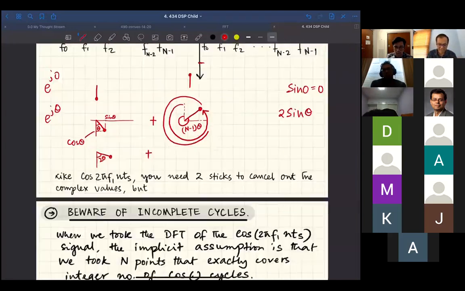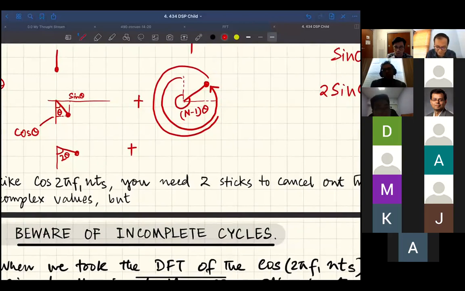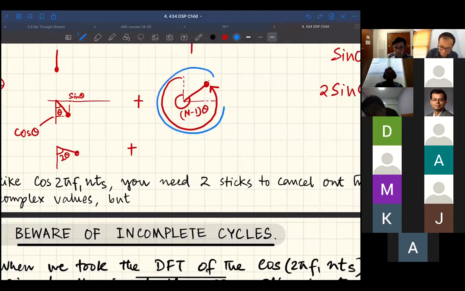Right, okay. So at 2 theta, this guy from here, let's do a different color maybe. Blue, from here it goes here. And that is exactly n-1 theta, which gives you this.